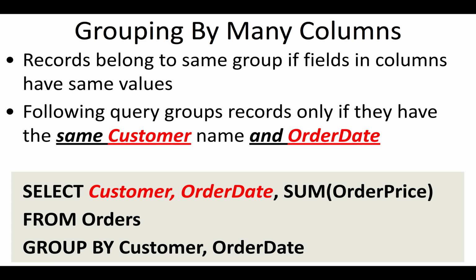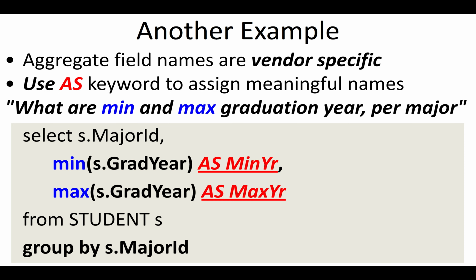This allows me to say, well, how much did I sell to this customer on a particular date? I might have many orders for the same day, a whole bunch of things sold. And then I could look at the orders per date for the same customer, which allows me to generate some interesting reports.